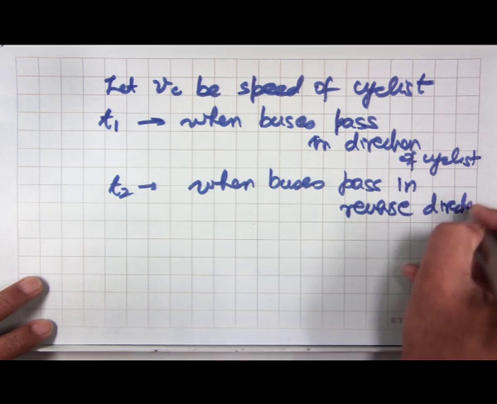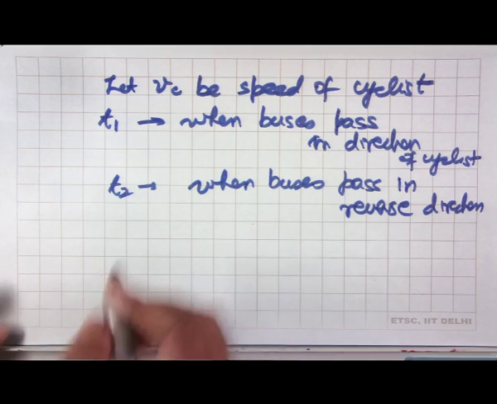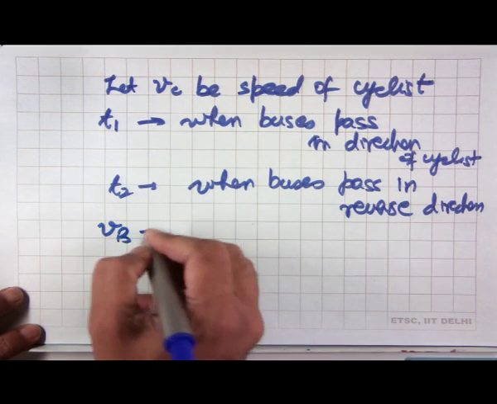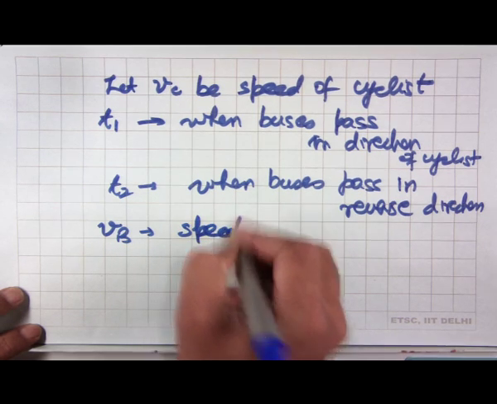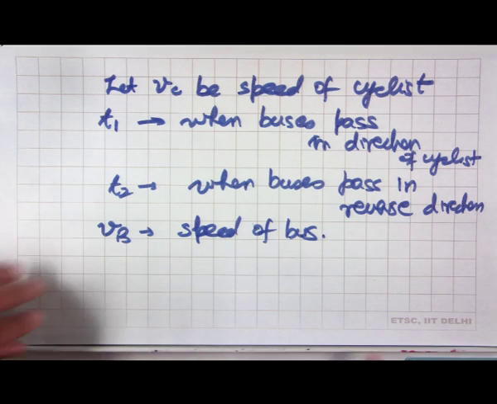So, T1 and T2 are the time between passing of successive buses. And let Vb be the speed of the bus. So, let us solve this problem.